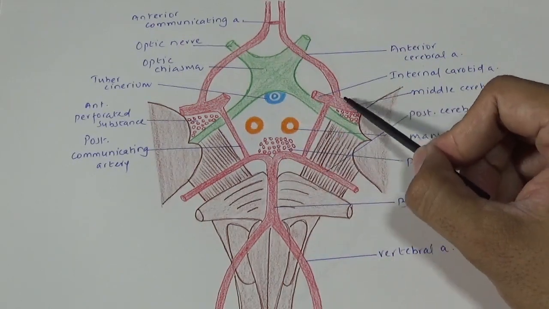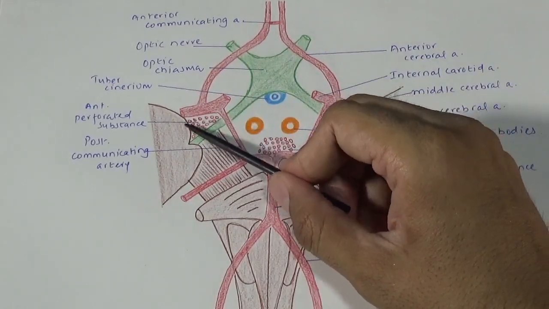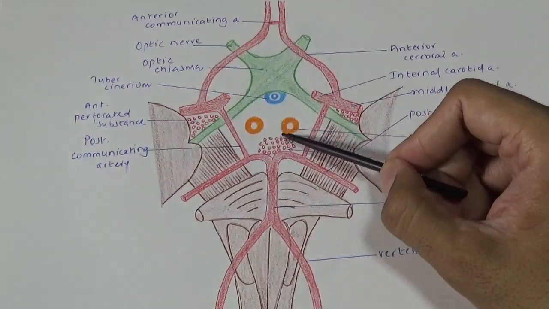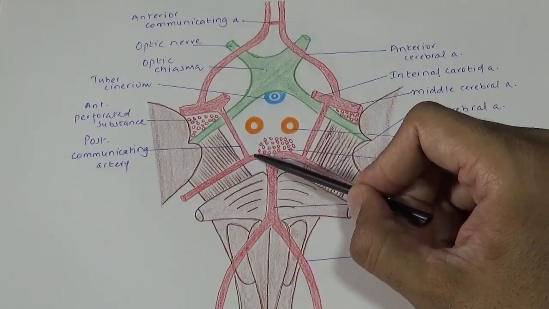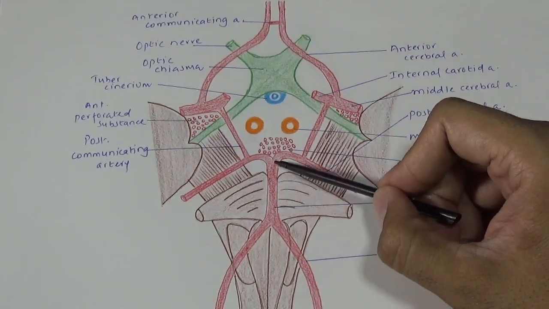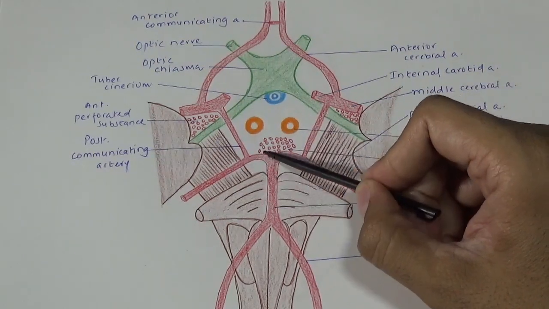just because there is another one over here in relation to the optic tract, this is anterior perforated substance. Now why is it called perforated substance? Because the branches of posterior cerebral artery, which is formed by bifurcation of the basilar artery, give central branches.